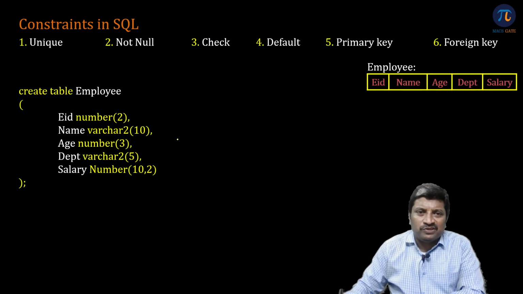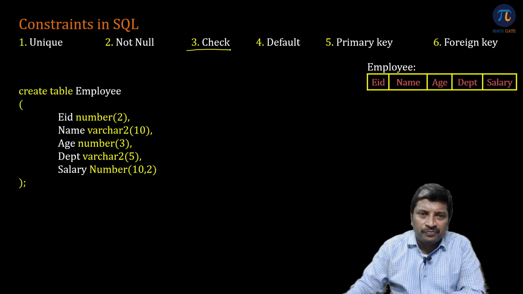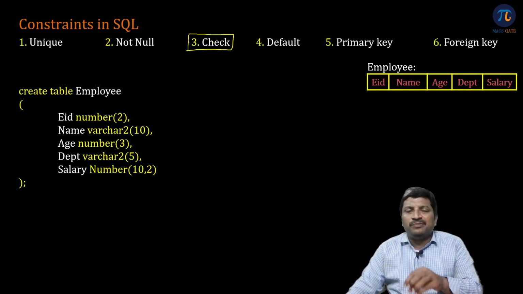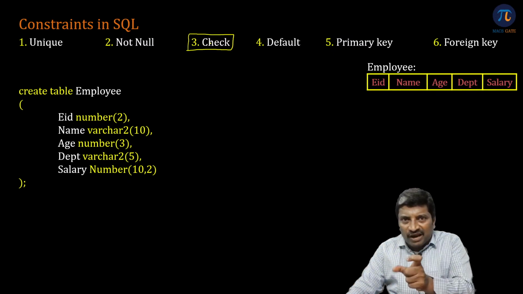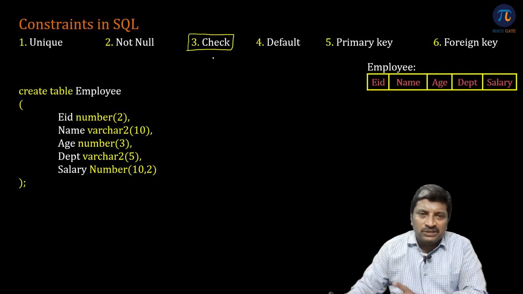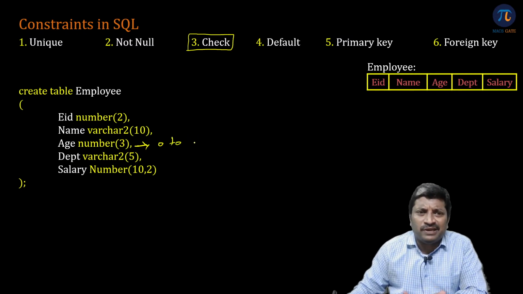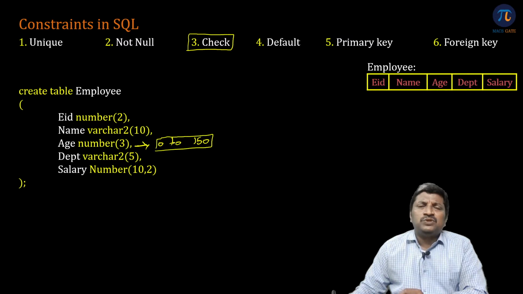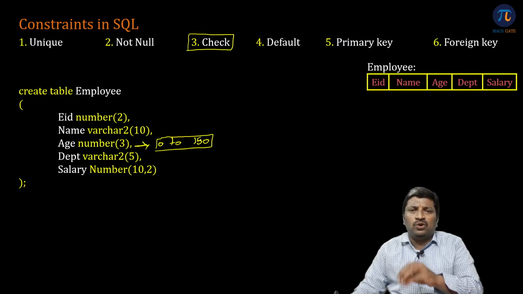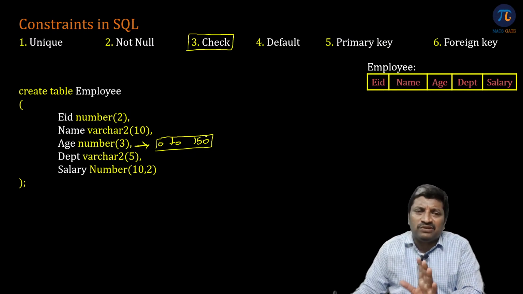Then let's go to the next one, check. Check can be used to verify the values for that particular attribute. Suppose age, generally the age can be 0 to a maximum of, can I assume 150? Yeah, maximum of 150 age, right? So even if it is allowed to enter 3 digits, the maximum limit for the age is 150.